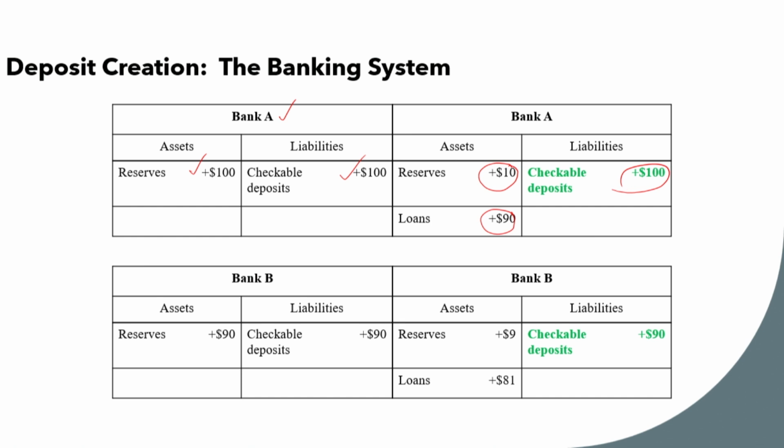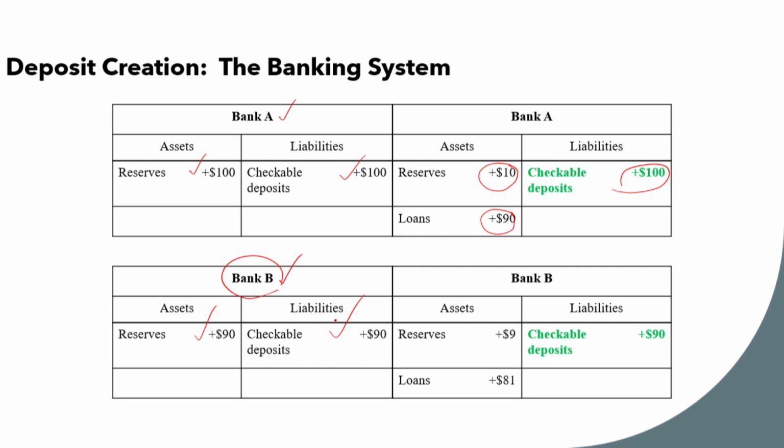Then Bank B: suppose this person withdraws this money, or makes some transaction with another individual, and that individual goes and deposits this money with another bank, Bank B, the third bank in our discussion here. Then immediately you can see that Bank B's reserve increased by 90 because the deposit is made here through a check, and its liability also increased by 90, right?